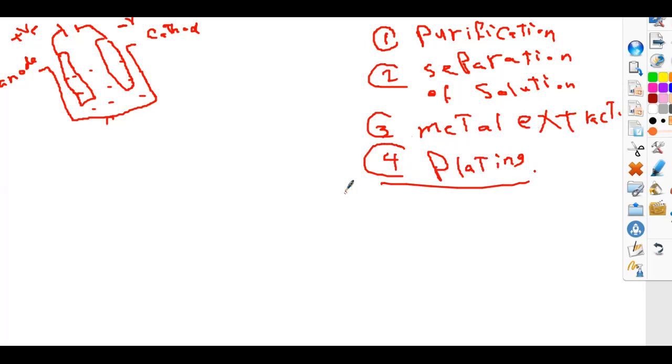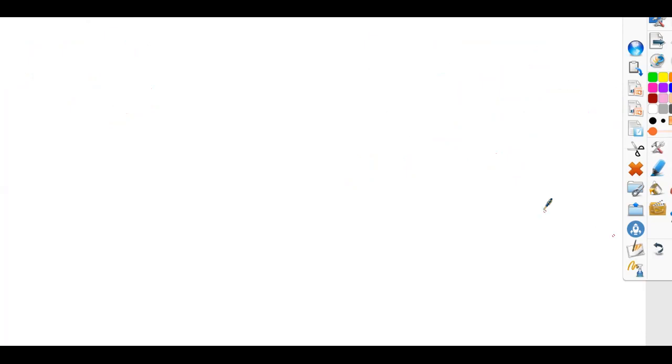So all these purposes and uses are served by electrochemical cells. So what types help us achieve all these purposes?